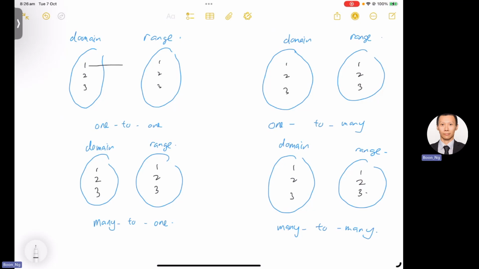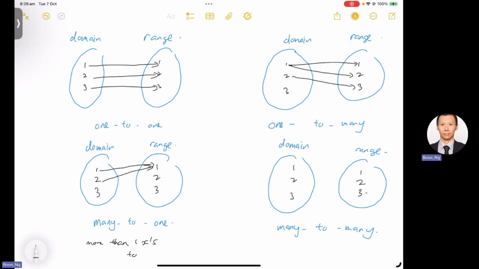So one to one basically means one x to one y. One to many is one x goes to more than one y. It could be like this. And then many to one. Many to one is more than one x to one y.